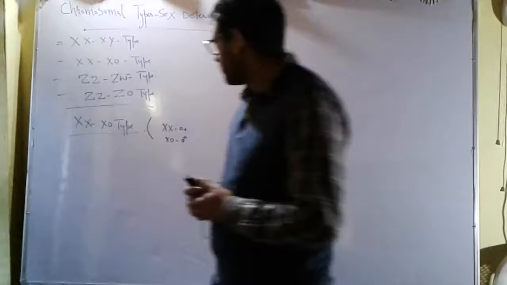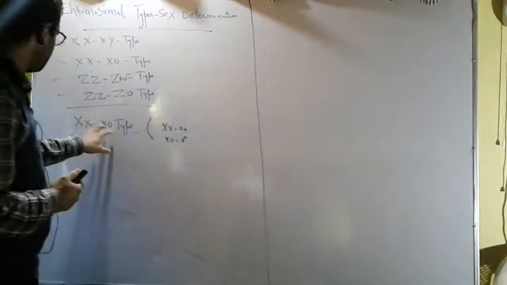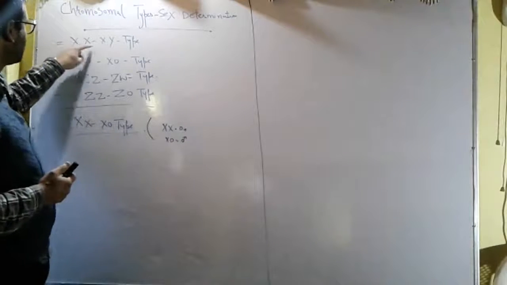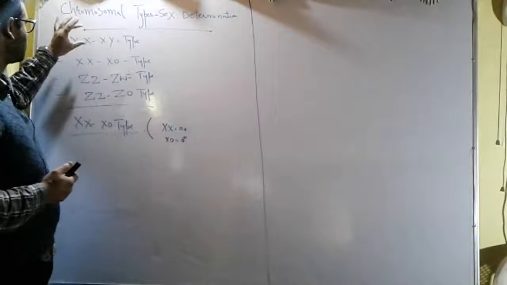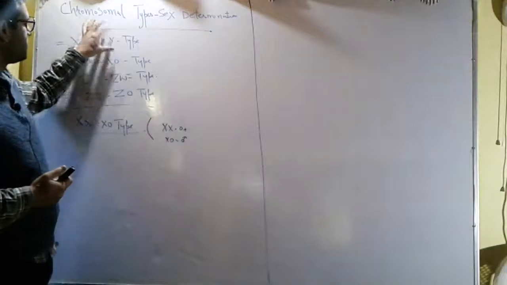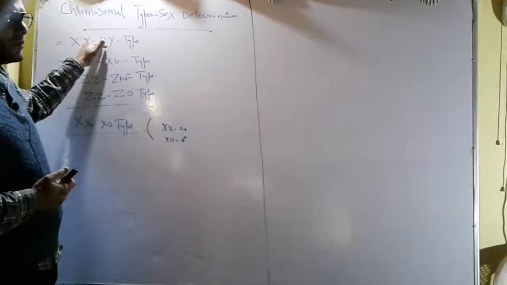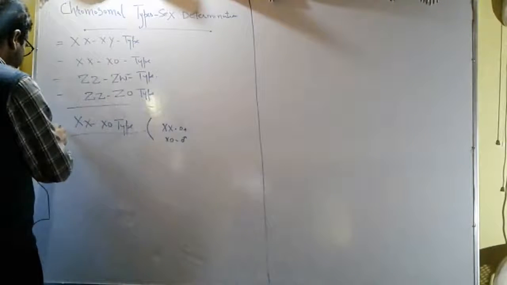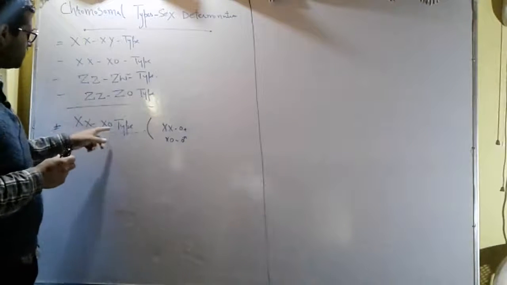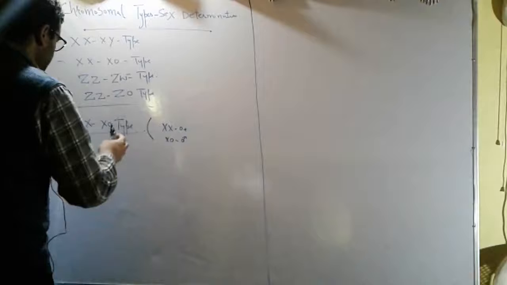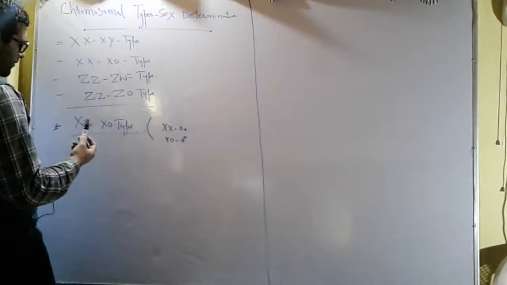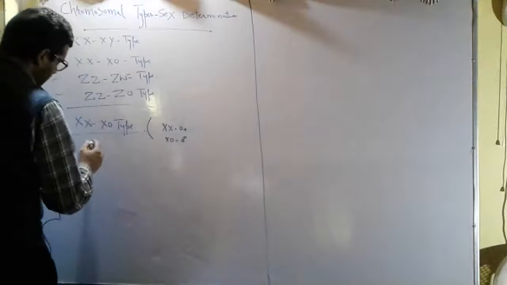Today we will talk about the XX-X0 type. So far we have already discussed the XX-XY type, where XX is female and XY is male, as we have observed in humans. This type of sex determination is observed in some insects.